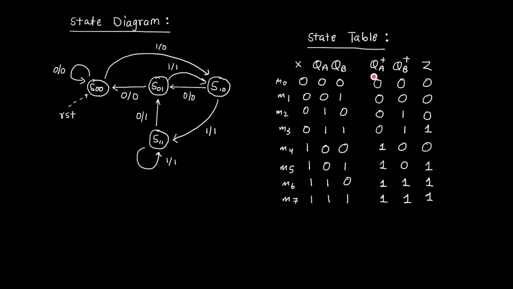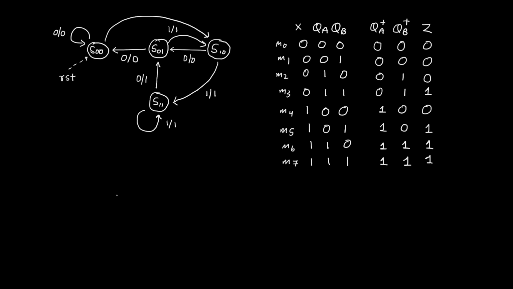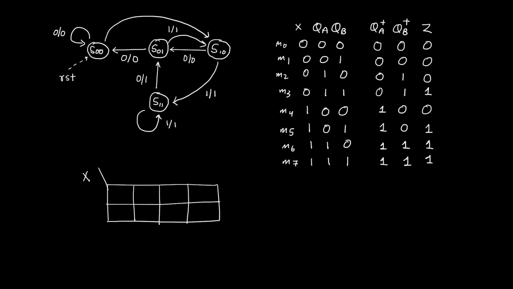Now I'm going to solve 3 K-maps for these 3 variables: X, QA, QB.